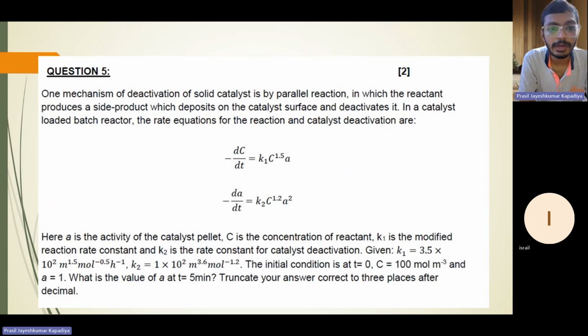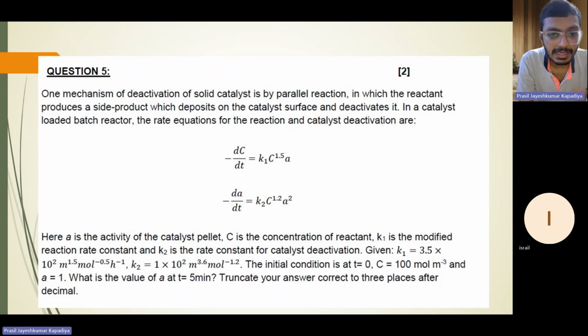In a catalyst loaded batch reactor, the rate equations for the reaction and catalyst deactivation are: minus dc by dt is k1 into c raised to 1.5 into a, and for catalyst deactivation, minus dA by dt is equal to k2 c raised to 1.2 into a square.